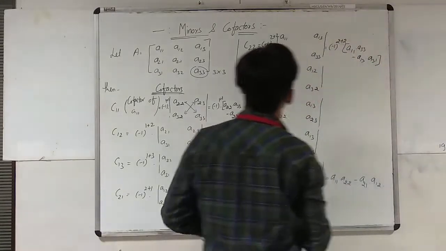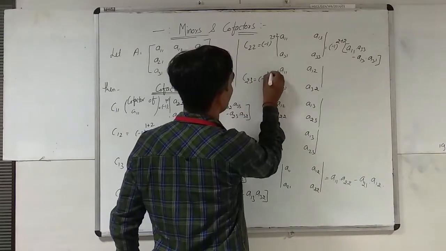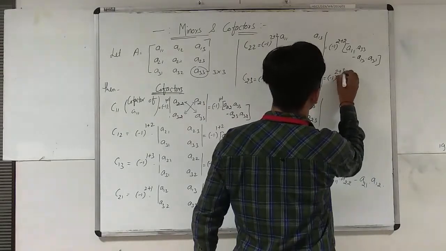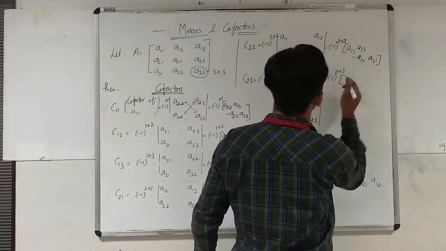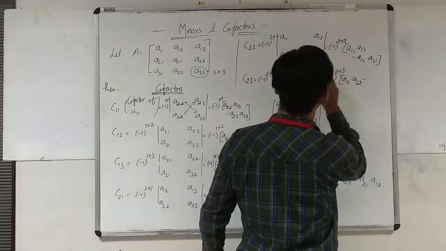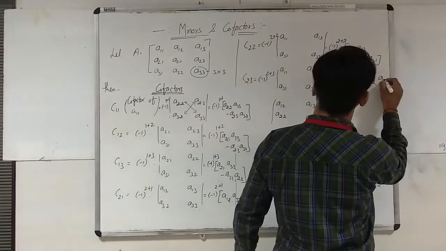In the same way C23 equals minus 1 power 2 plus 3, and this becomes A11 into A32 minus A12 into A31.